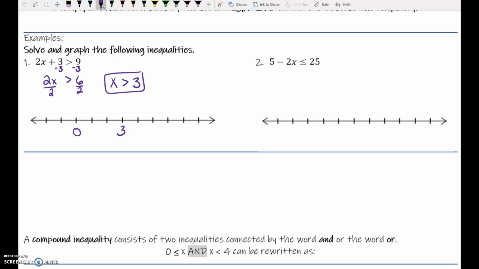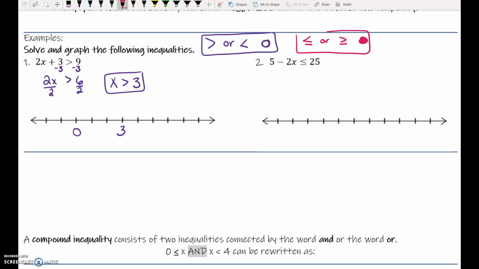First, we have to talk about open circle or closed circle. If we are using these symbols that do not have the equal sign, we use an open circle. If we are using less than or equal to, or greater than or equal to, we are going to use a filled in circle.